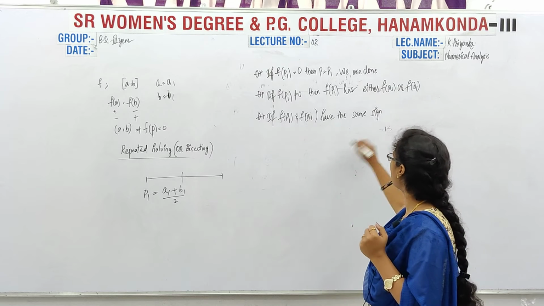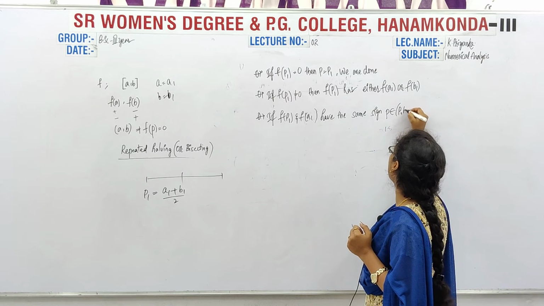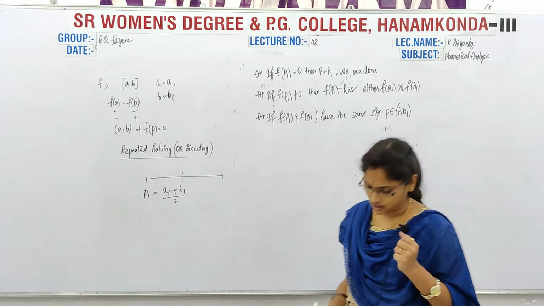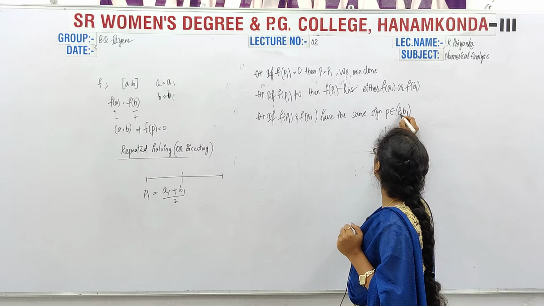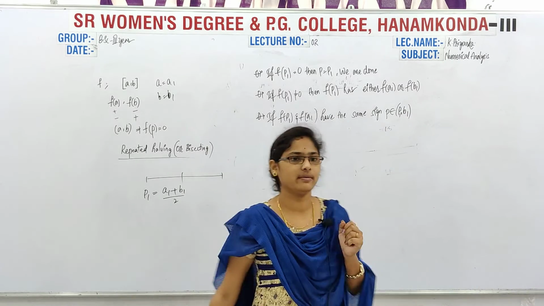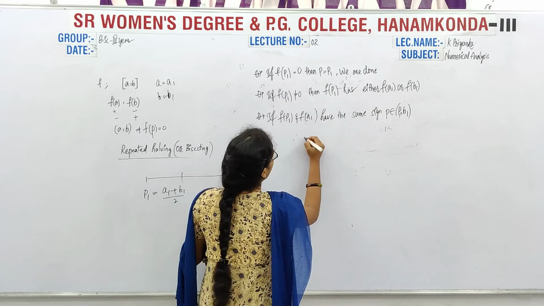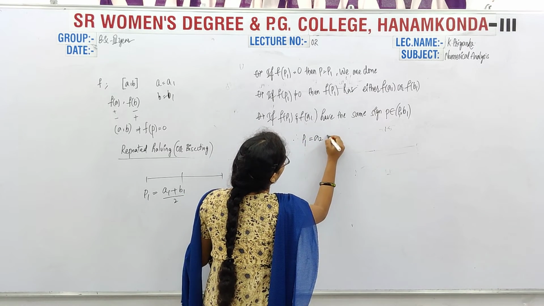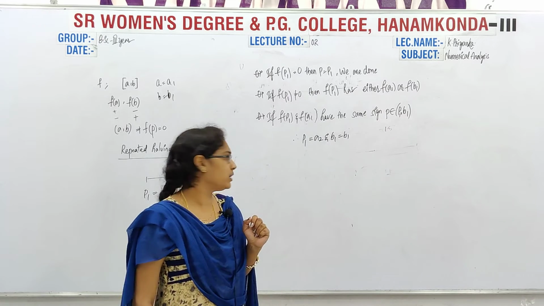So if it has the same sign, then simply you have to write that P belongs to P1 comma B1, and therefore A2 is equal to P1 and here B1 is all same as it is. B2 is equal to B1.